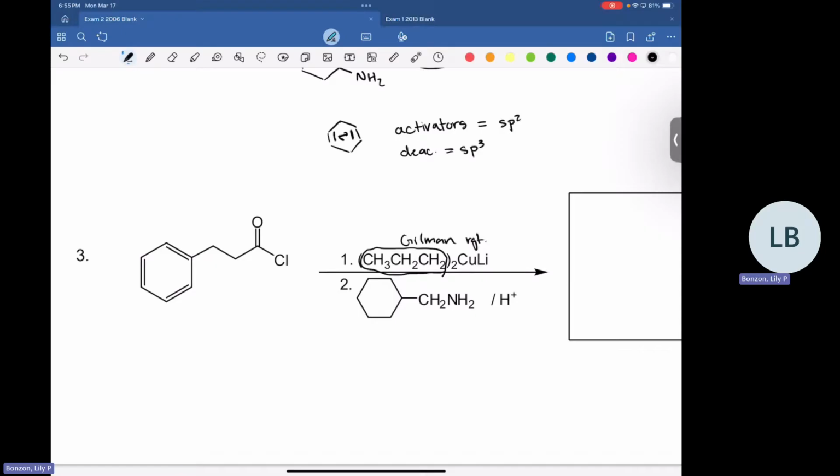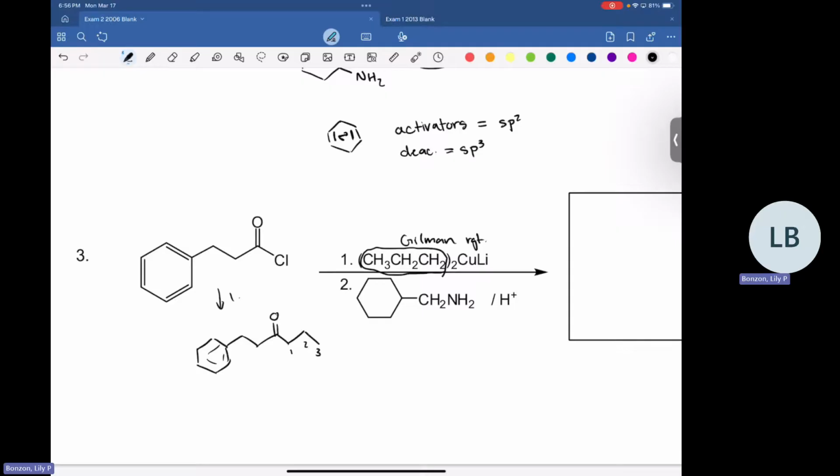So we have CH3, CH2 in parentheses 2, but we're only going to add one equivalent of that. And we're just replacing that chlorine. So the product of step 1 would just be, we replace that chlorine with a CH2, CH2, CH3. So now we have a ketone.